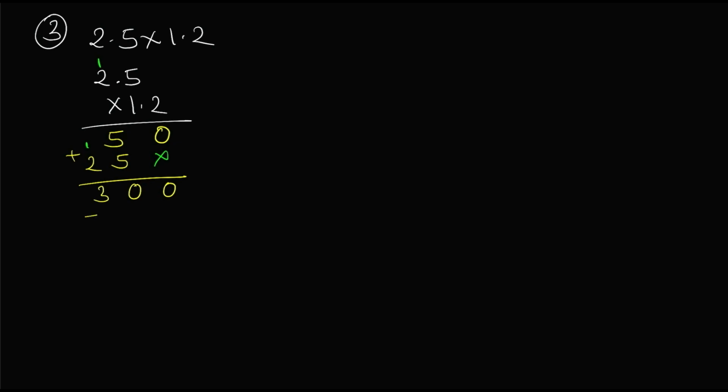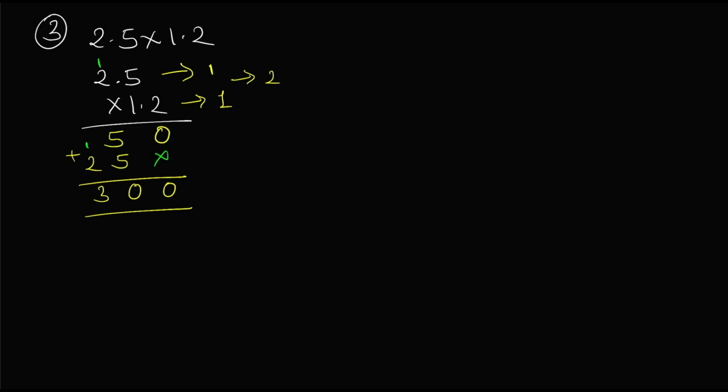Now we count the decimal places first. 2.5 has 1 decimal, right? And 1.2 has the same 1 decimal. So how many decimals do we have? We have 2 decimal places, right?